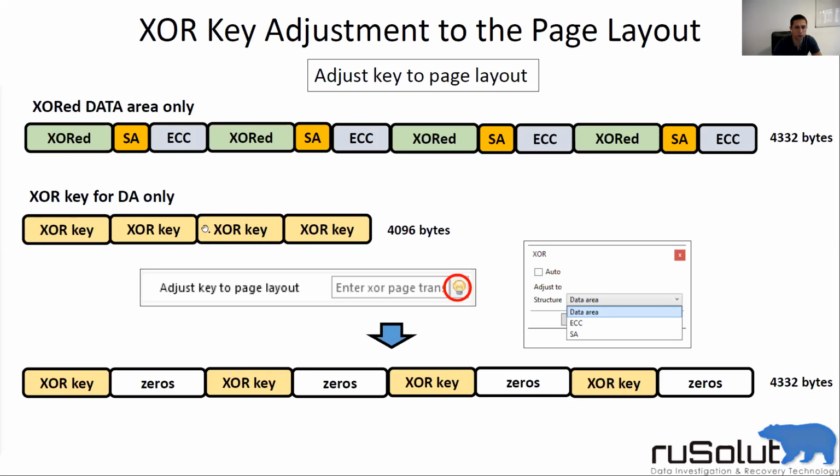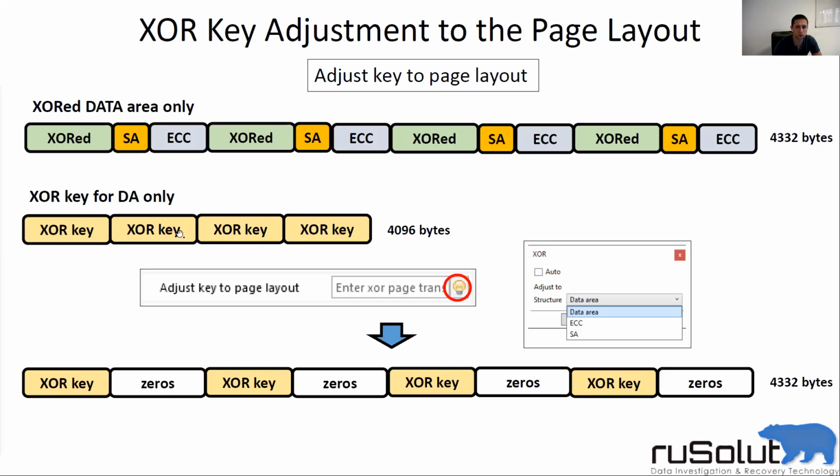And if we apply such a key to the page directly without any adjustment, then the first data area will be XORed, then this part of the XOR key will be applied on the service area and ECC, and everything will be corrupted from this point to the end of the page. So we don't want to do that.